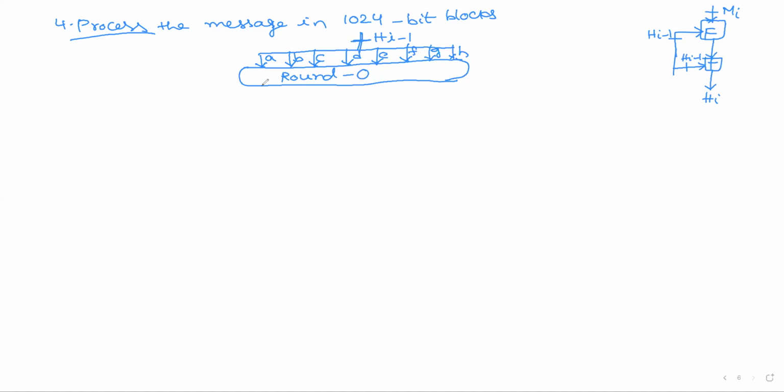Round 0. For this round also, we need one more input which is generated from the message. From this, we are generating keywords. The first keyword that is generated from the message is another input. So after performing the round operation, we will get the result again.